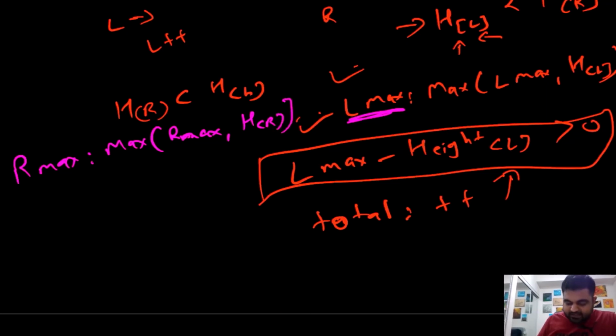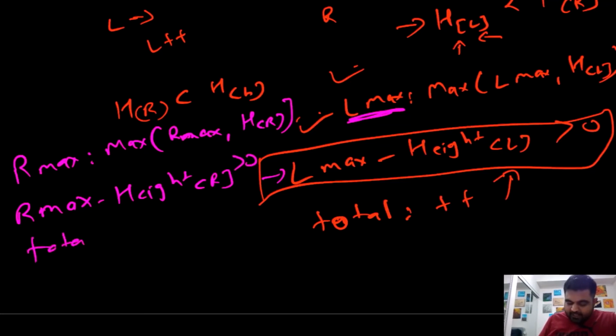Then we use the same equation, but rather than left max, we use right max minus the height we are currently at for this R pointer, and if this is greater than 0, we simply add that value to our total variable.